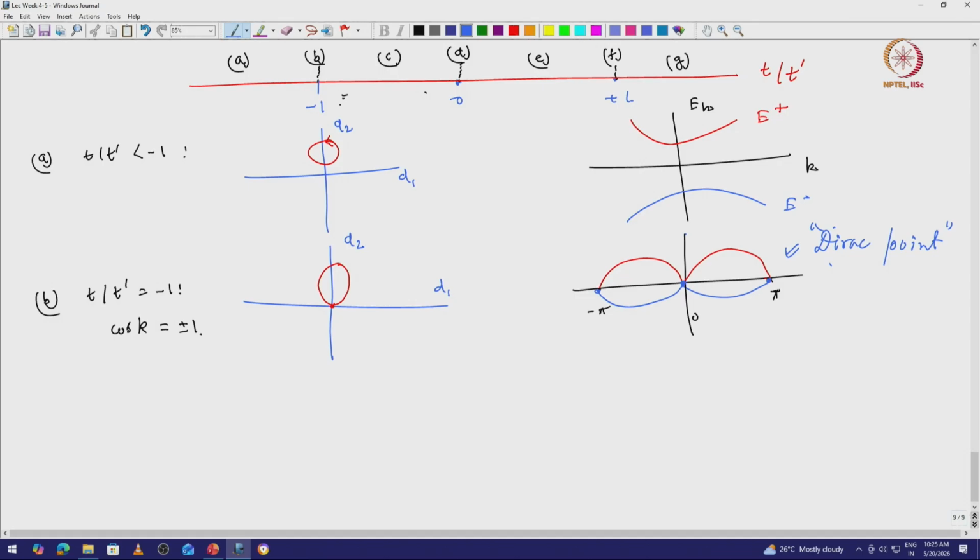Although this is a cartoon, just to be a little more careful, we will have some sort of a band that should look like this. You can actually plot it, it is fun to plot.